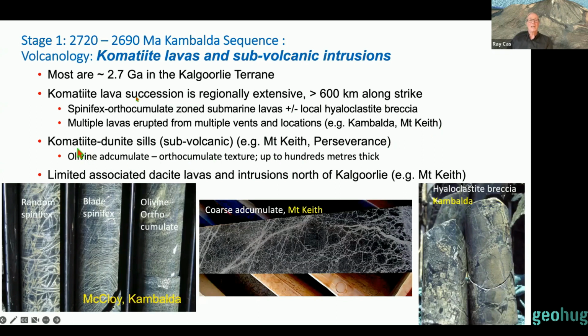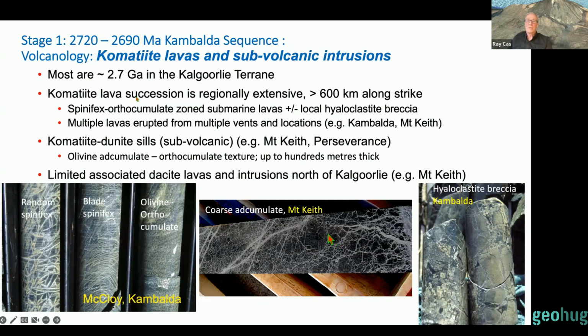Now, the sub-volcanic Komatiitic or dunitic sills that are associated with some of the lava sequences are very diagnostic. They are dominated by cumulate textures, the coarsest of these really coarse, fully crystallized adcumulate textures.